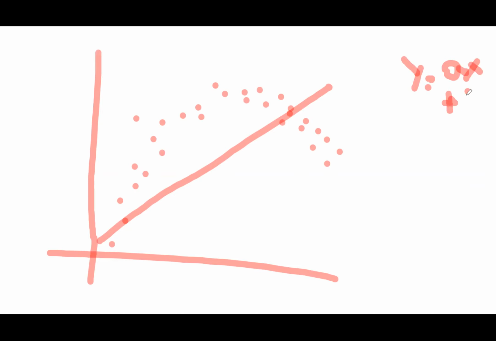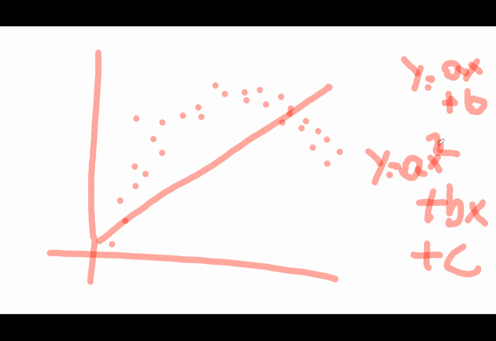In the case of a polynomial, you will say that I'm not going to fit a linear line, but I'm going to fit a line in which y equals ax squared plus bx plus c. So you're trying to fit a polynomial line to this. If you solve this equation using a polynomial fit, you can get a polynomial equation, and you'll fit a model which is like this. It explains the data much better.